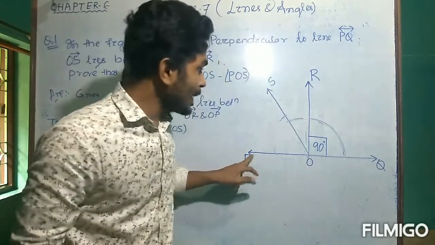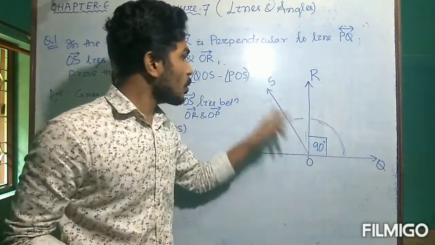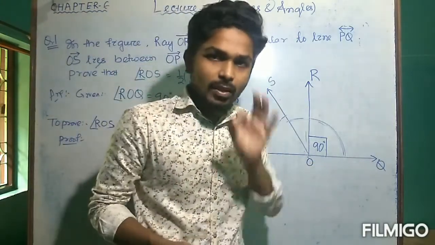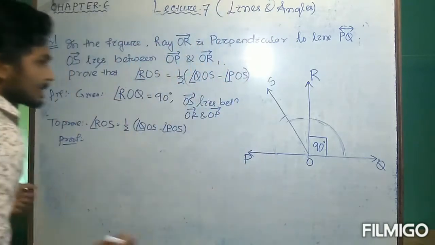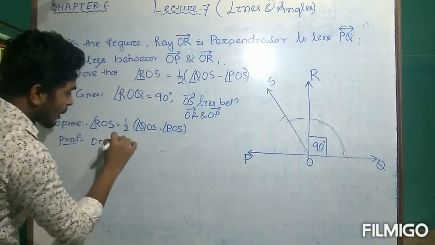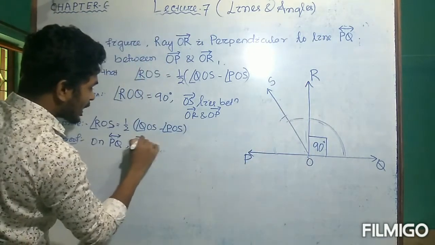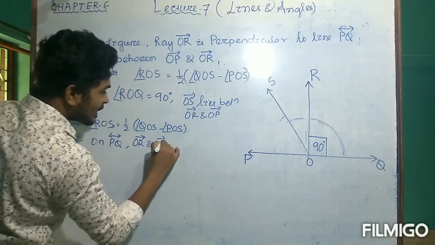So here you can see PQ is a straight line, and on this straight line OR and OS are two rays which stand on that straight line. So write it: on PQ, OR ray and OS ray stand.